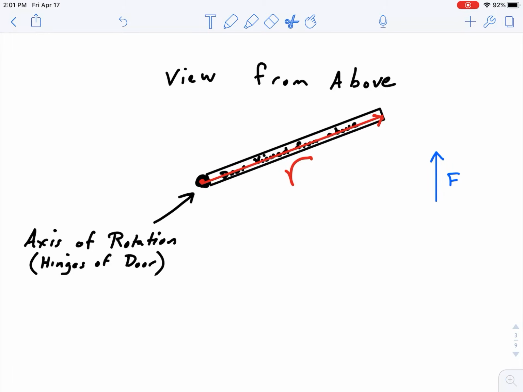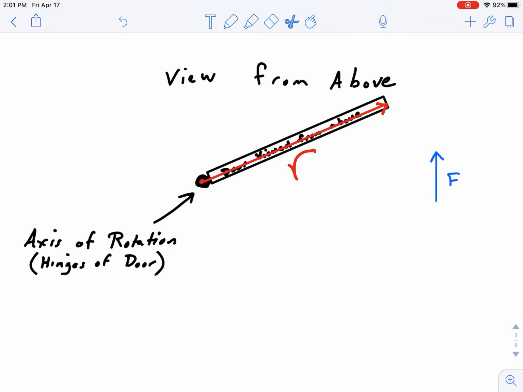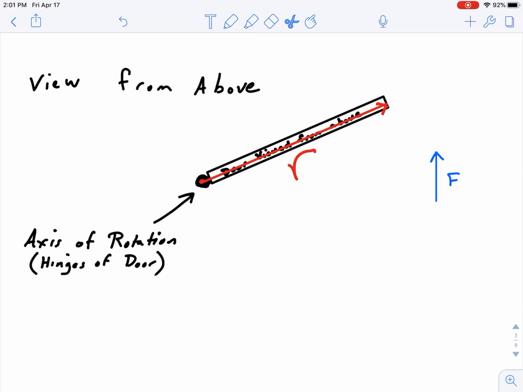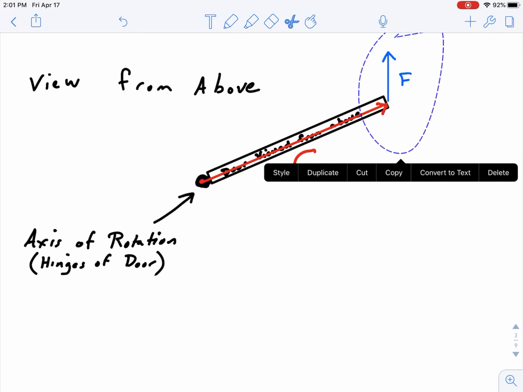as the door rotates, if you keep walking forward while you push the door, but you keep your arm straight, you might not be pushing on the door at quite the same angle that you were before.